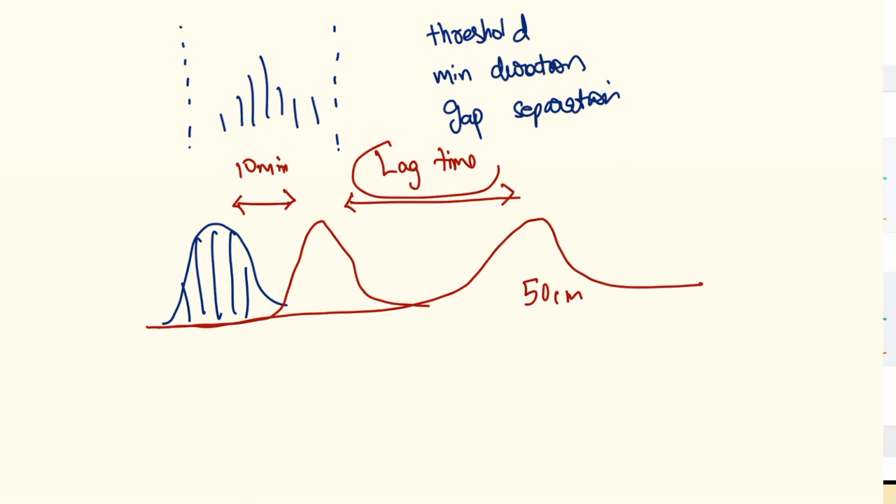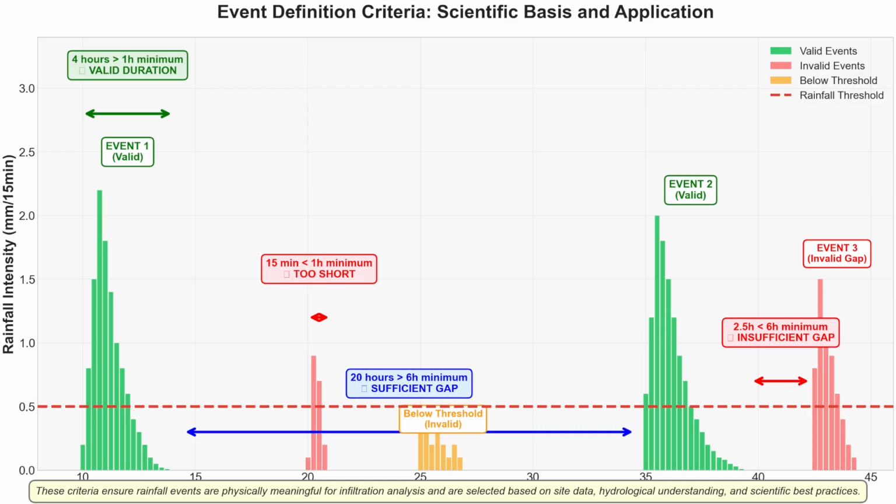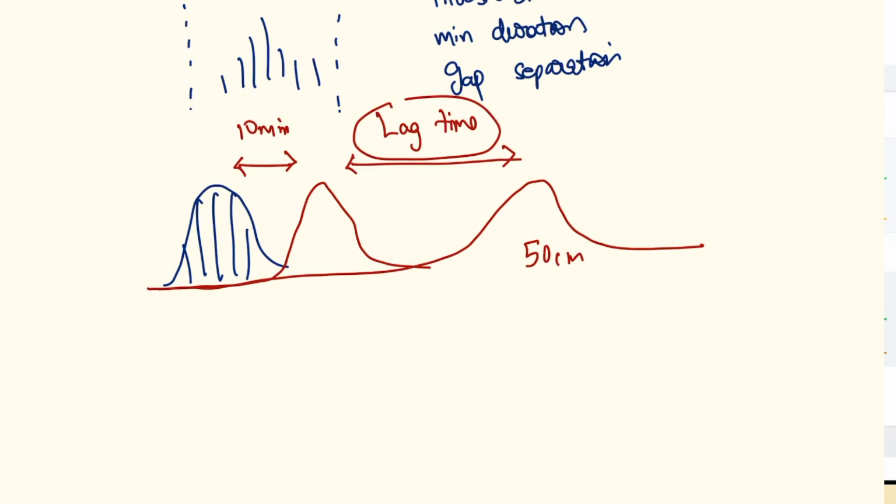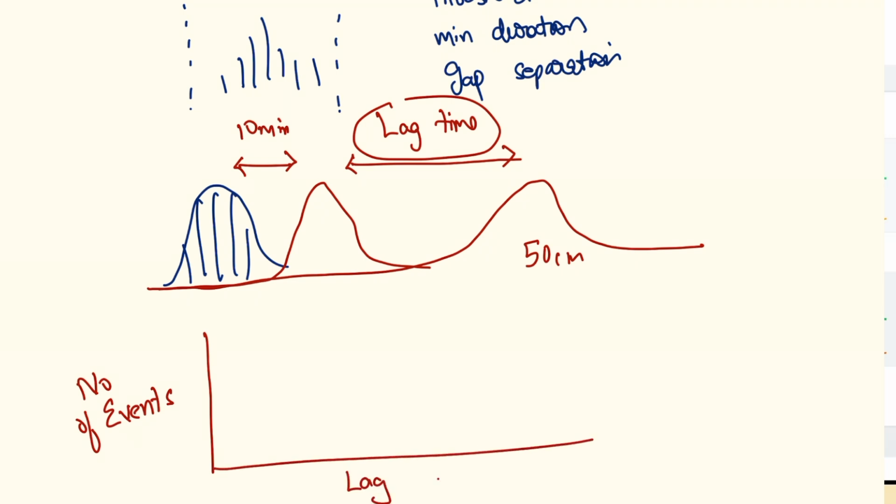If we record this lag time for every valid event and plot a histogram or a cumulative distribution function like this, in the y-axis we have the number of valid rainfall events, and on the x-axis the lag time, which is the response time for 50 centimeter to show its peak.